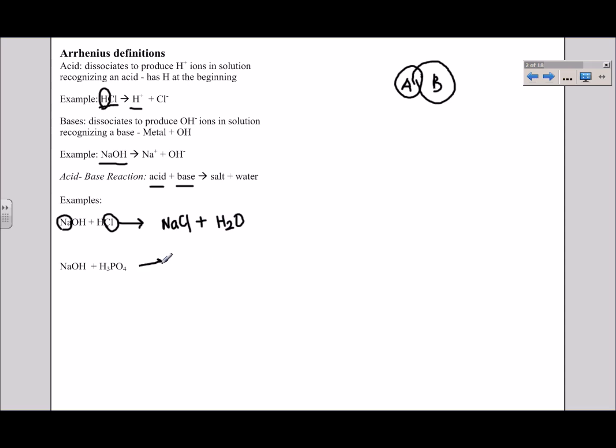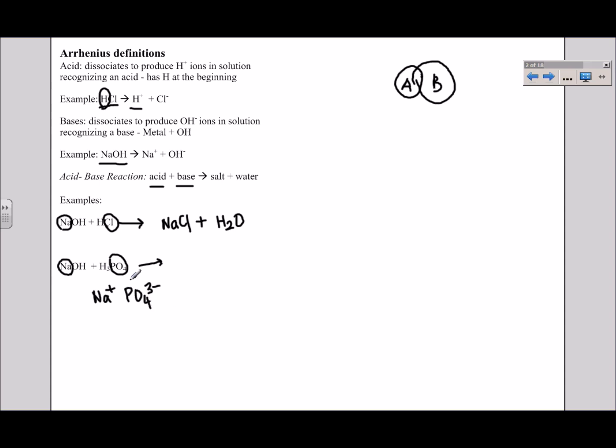In the second example, we're not going to have the same neat 1-to-1 ratio. Our salt is going to be formed by combining the sodium ions with the phosphate ions. We still have our H and our OH, which are going to make our water, and our salt is going to be combined by forming an ionic compound between the sodium ions and the phosphate ions.